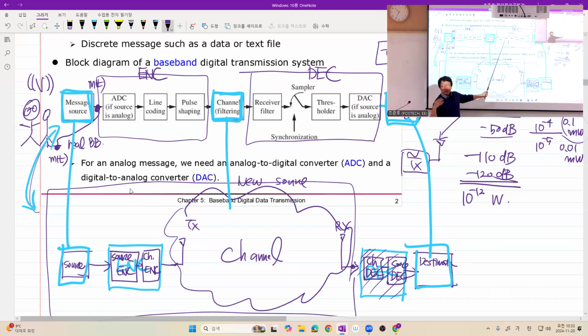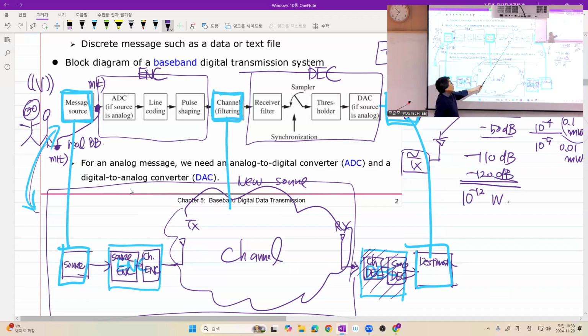Some of you are taking the lab for communication networks this semester, and your LabVIEW, the software that controls your software-defined radio, USRP, actually samples the real part and imaginary part of your received signal's complex envelope. So even though the figure shows one sampler, you may have two samplers perfectly synchronized in reality.